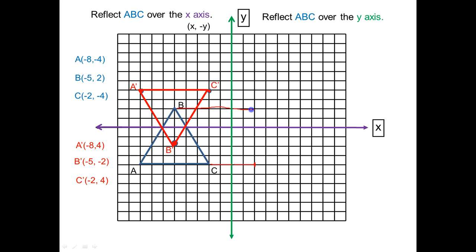So my new B is going to be 5 away. And my A, you can either count from A all the way to the line of reflection and then count in the opposite direction, or you can also say how far apart A and C are. And so this is my A. I'm going to put in my new points, join them together, and that is my reflection ABC.